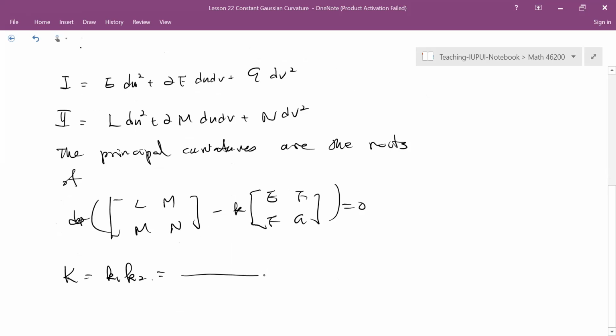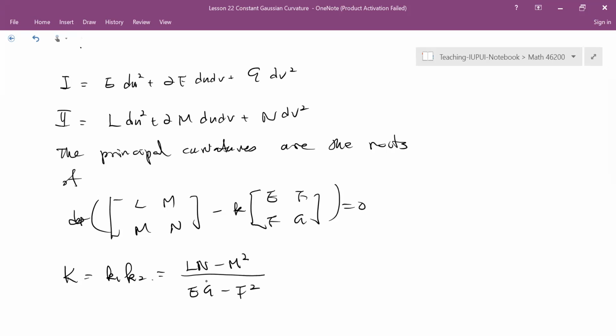After you simplify, K1 K2 is L N minus M squared over E G minus F squared. We're going to focus on this. That's the Gauss curvature.